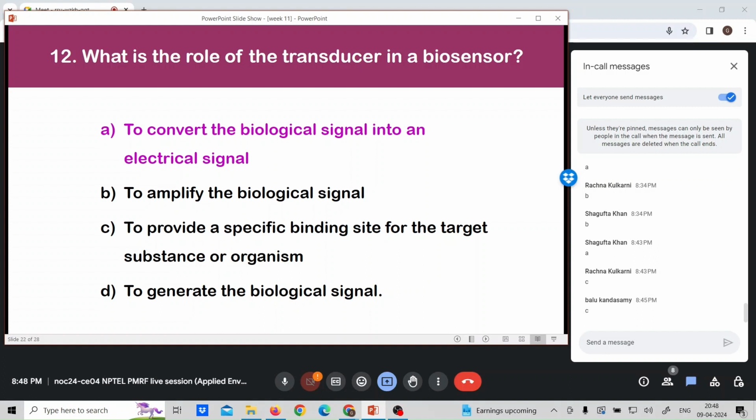So the biological signal generation is done by the interaction between the bioelement and the analyte, and the generated signal is converted into an electrical signal, and further if needed it gets amplified, and then we get a readable output. Okay, so that is how a biosensor works. I hope it's clear now. So transducer is generally something that converts a biological signal into an electrical signal so that we get a readable output.